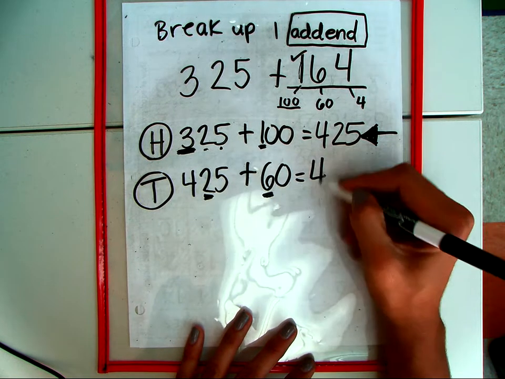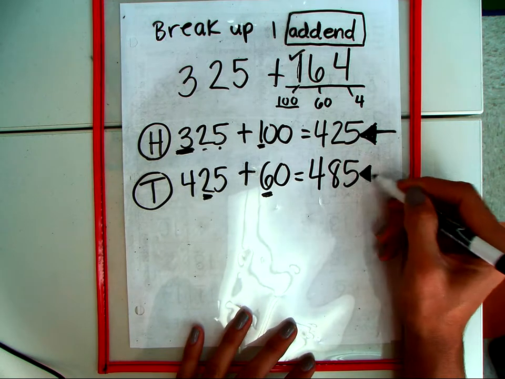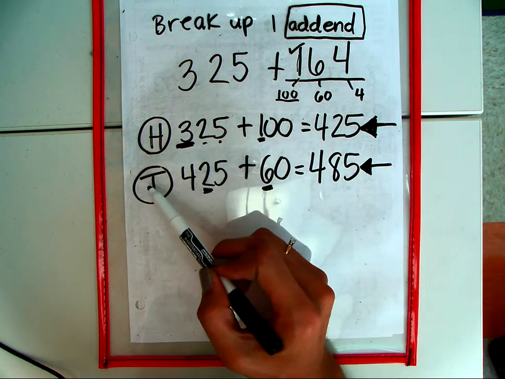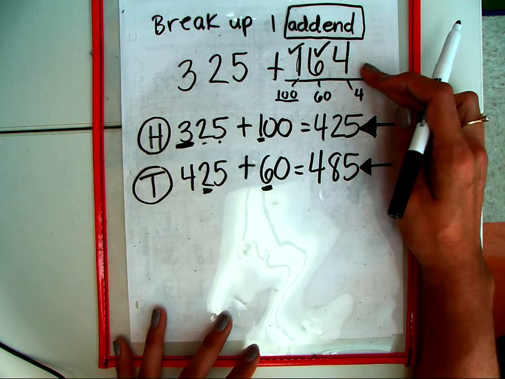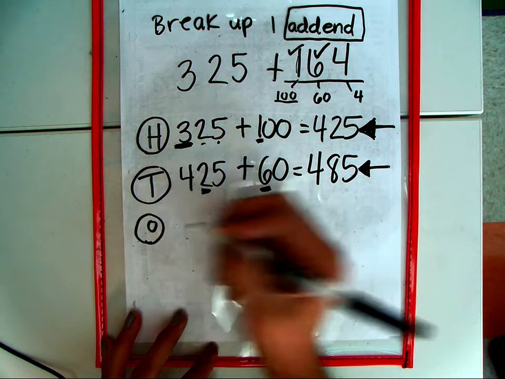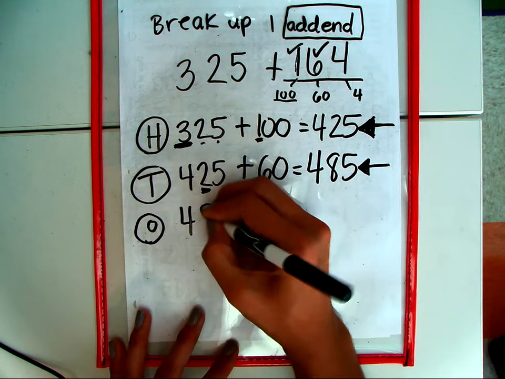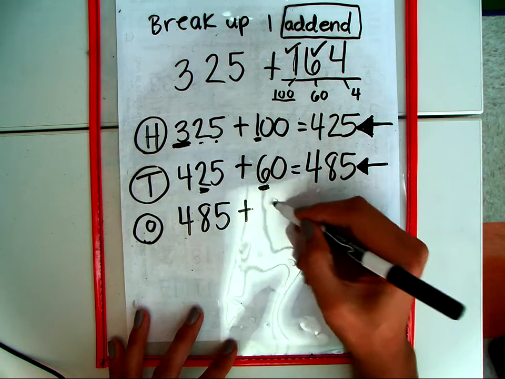So we have 485. Right here is another partial sum because I've only added the hundreds place and the tens place, and I still have to add my ones place. So I label the letter O for ones. 485 plus 4 ones.